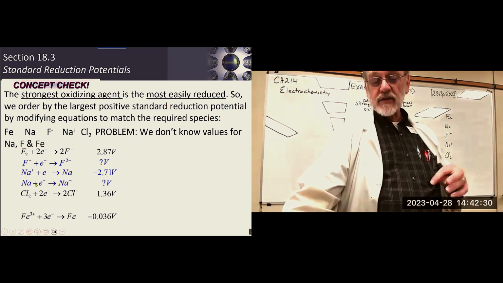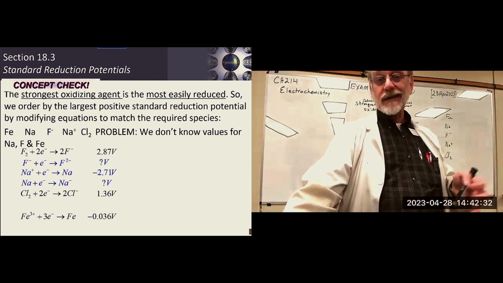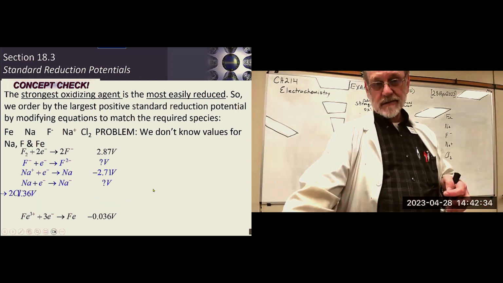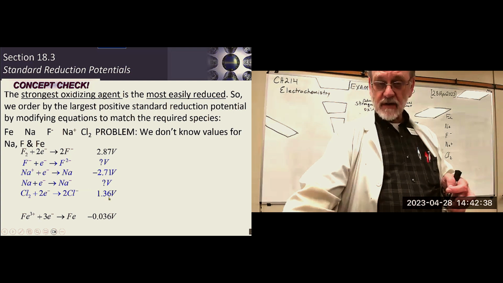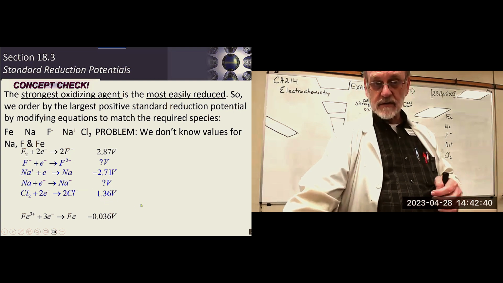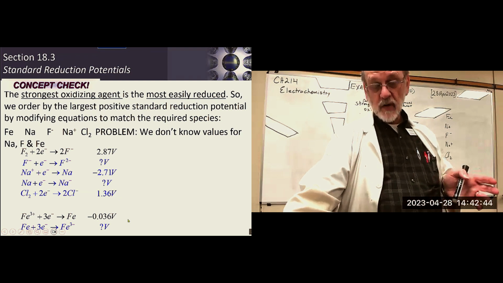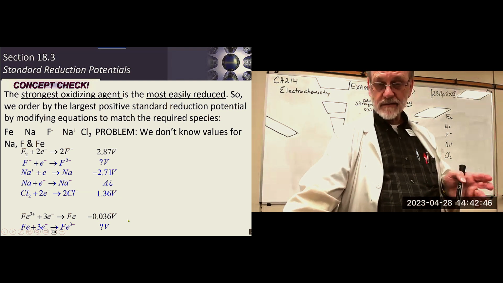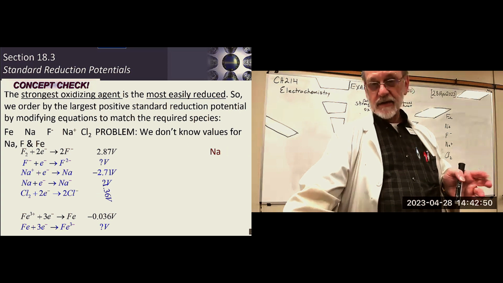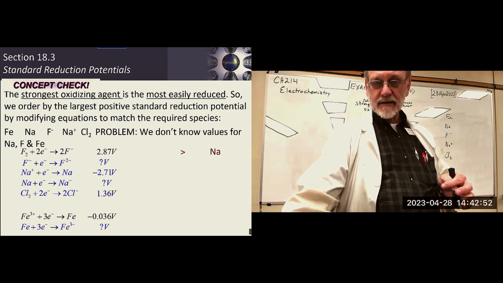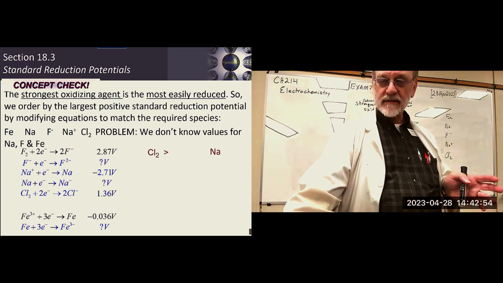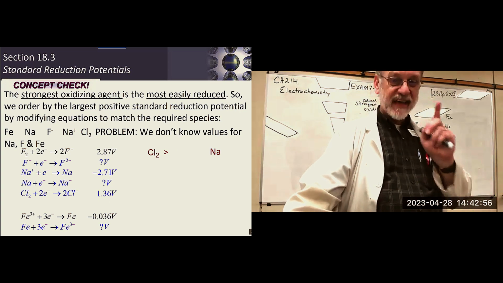Sodium is not likely to accept an electron anyway because it's a metal. But this one, the chlorine, has a fairly high positive voltage. And this one, we don't know because it's a metal. So it's going to be toward the back. That one's going to be toward the front. It's going to be the strongest, we think.